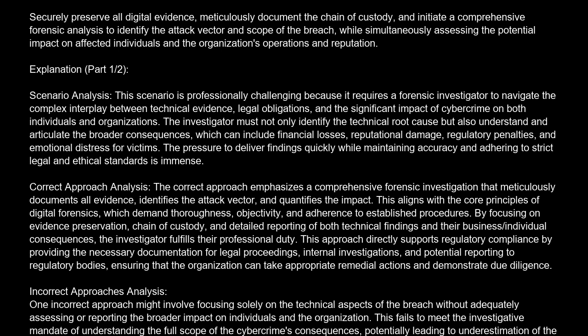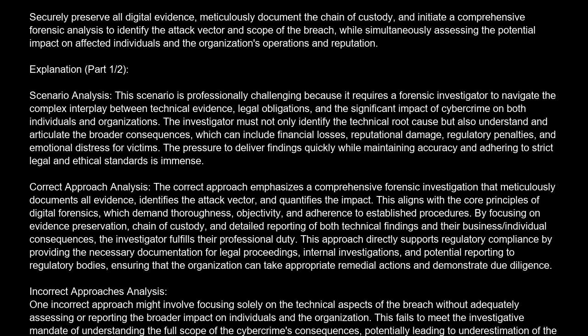Correct approach analysis. The correct approach emphasizes a comprehensive forensic investigation that meticulously documents all evidence, identifies the attack vector, and quantifies the impact. This aligns with the core principles of digital forensics, which demand thoroughness, objectivity, and adherence to established procedures.